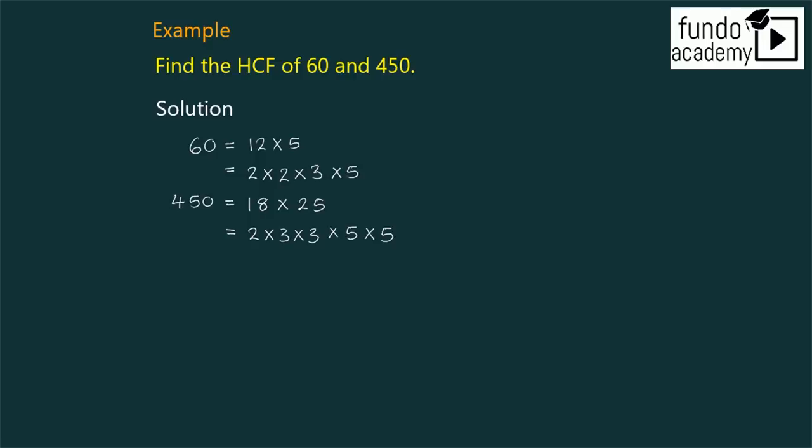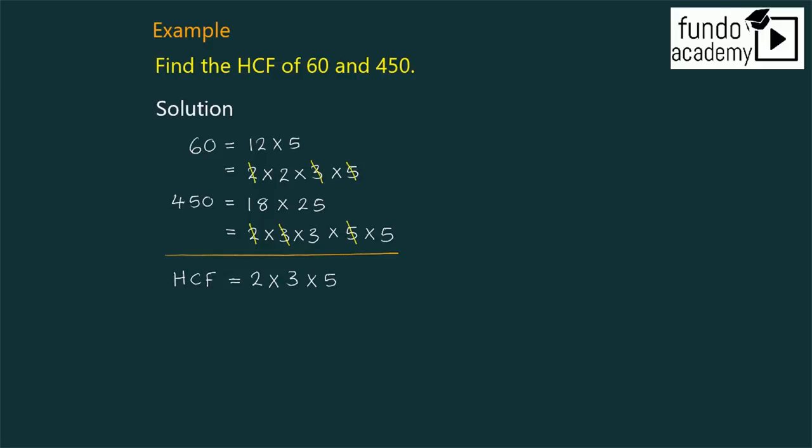So these are prime factors of 450, and the prime factors will help us to find our highest common factor. For the highest common factor, we are taking from the prime factors of 60 and 450 only the factors that are common. So we take 2, which is common for both, and we also take 3, which is common for both, and also 5 is a common factor, and there are no more common factors.